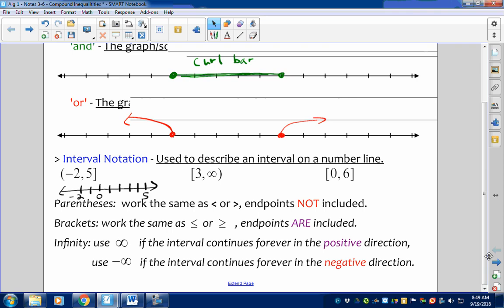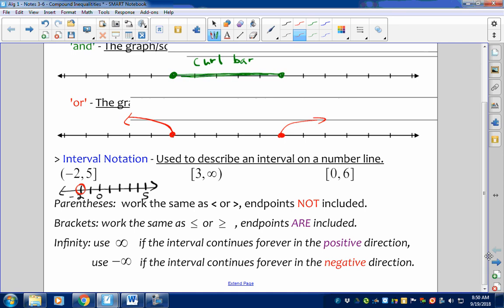Now it says the parentheses work the same as less than or greater than. Endpoints are not included. So on this number line graph at -2, see how we have a parenthesis here? That means we'll have an open circle at -2. Whereas the brackets work the same as less than or equal to or greater than or equal to. The endpoints are included.